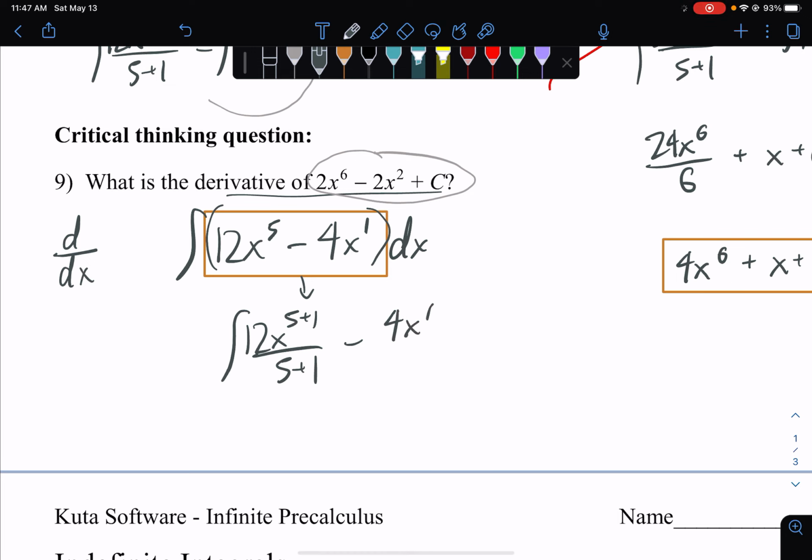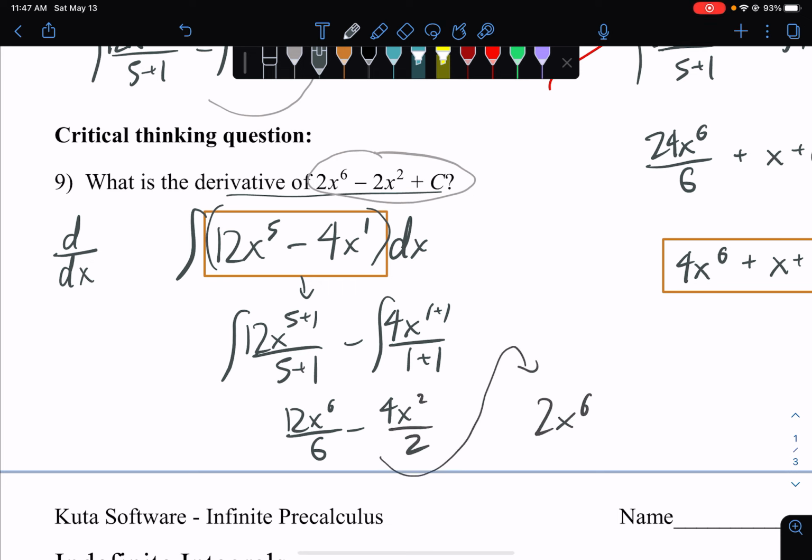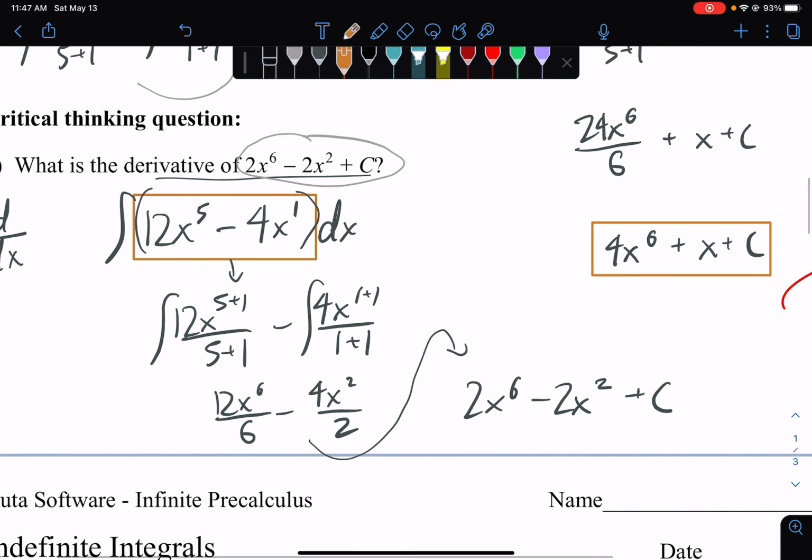It's still the same power rule: 12x raised to 6 over 6 minus 4x raised to 2 over 2. If you simplify that, 2x raised to 6 minus 2x raised to 2, and then you put plus c, right? And it's the same as this one.